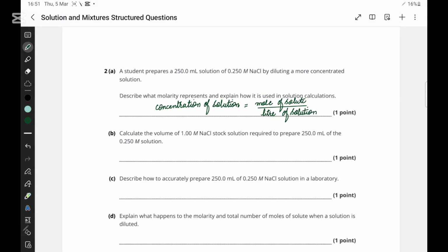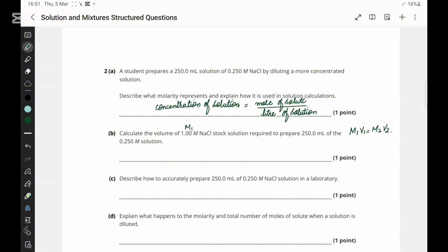In this question, calculate the volume of 1 molar NaCl stock solution required to prepare 250 milliliter of 0.250 molar solution. Now we have to use the formula M1V1 is equal to M2V2.